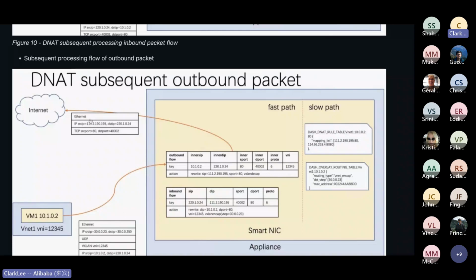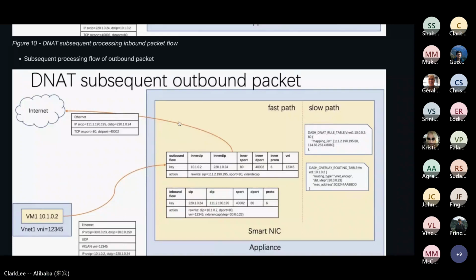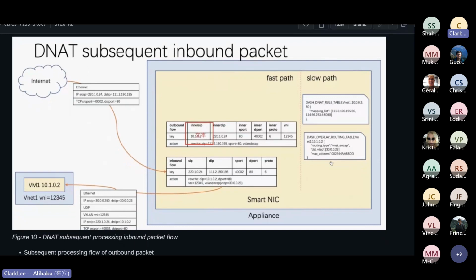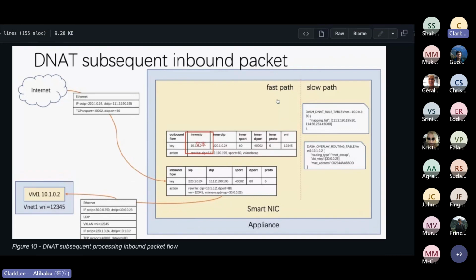Previously we had this VNet. How to obtain the VNet, right? That was a question from the previous discussion, and we changed this.